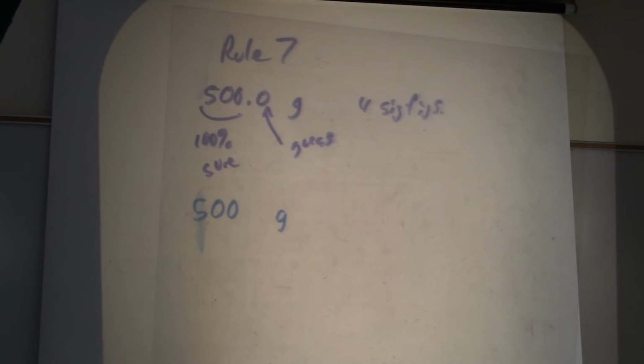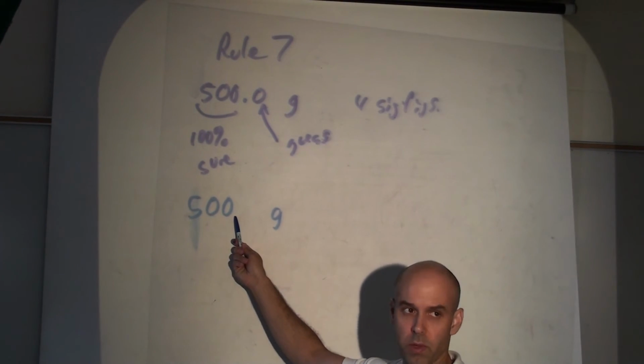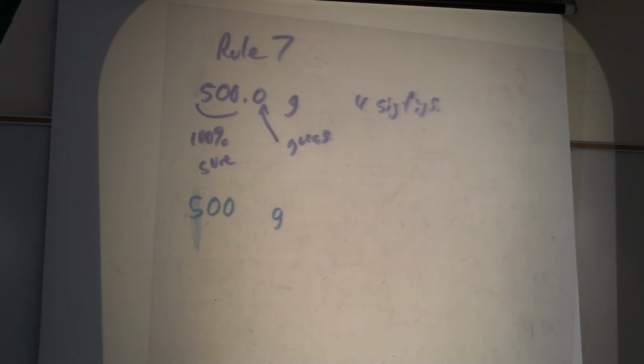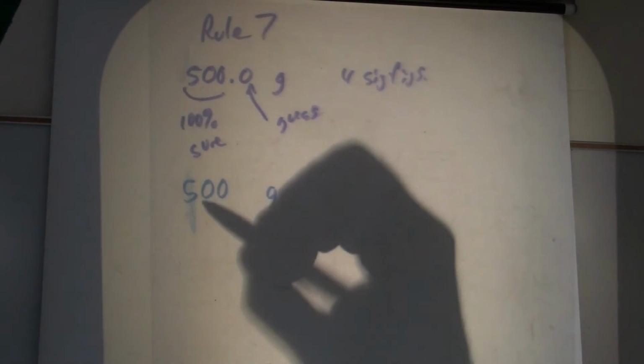Rule 3, is there a decimal point? No. So rule 3 doesn't apply. Rule 4, are one of the zeros underlined? No. Rule 5, that will probably apply. Rule 6, this is not a counting number. Rule 7, is there a decimal point? No. So basically this is rule 5.